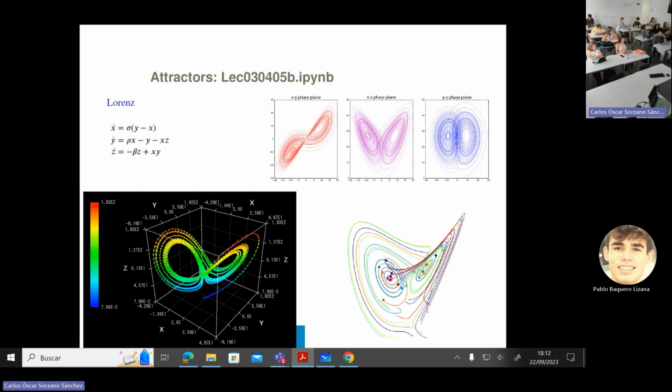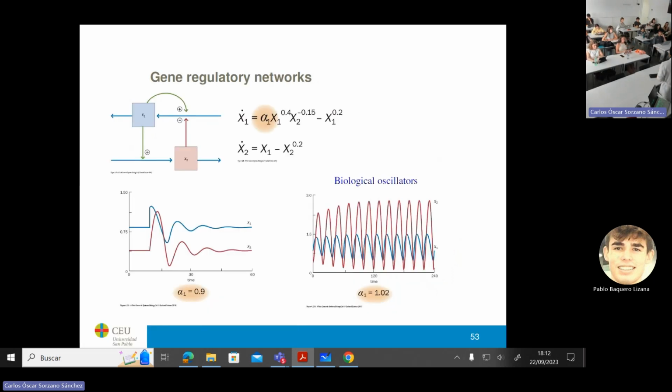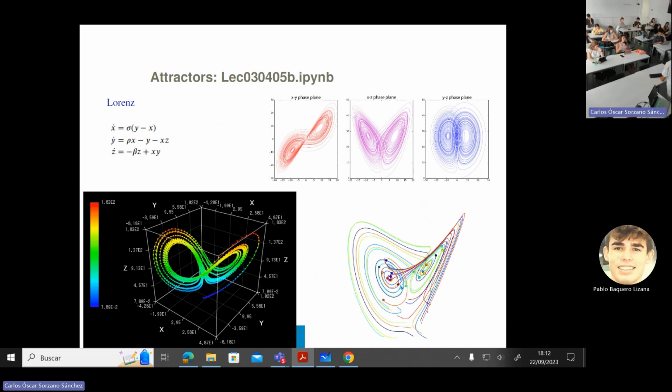Here you start at this point, what is the trajectory? You start at another point, what is the trajectory? And you see that at the end, you have kind of stable cycles. This stable cycling is again a little bit like homeostasis, but kind of stable oscillations. It doesn't matter if you perturb the system, it goes to some oscillations that are regular.